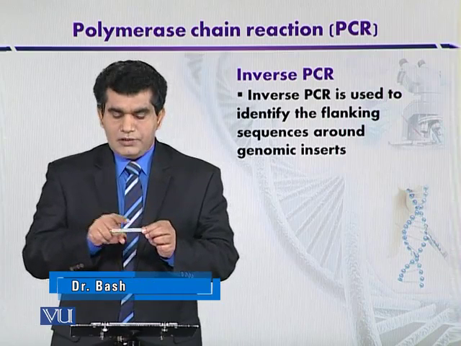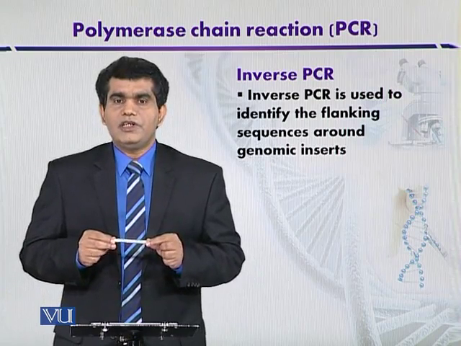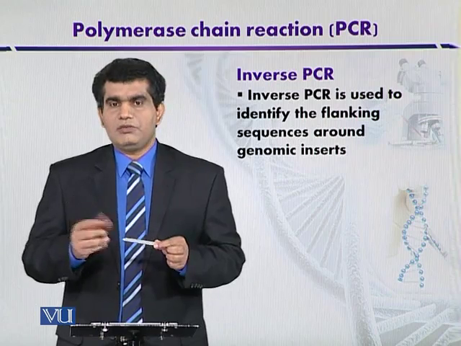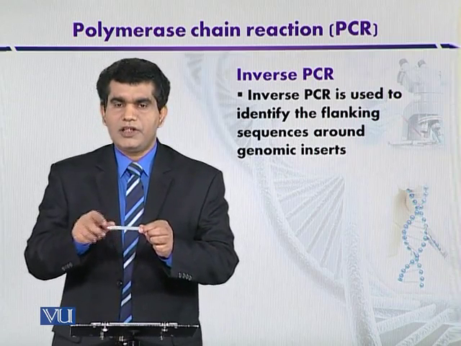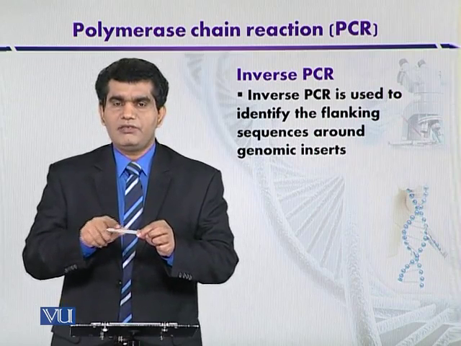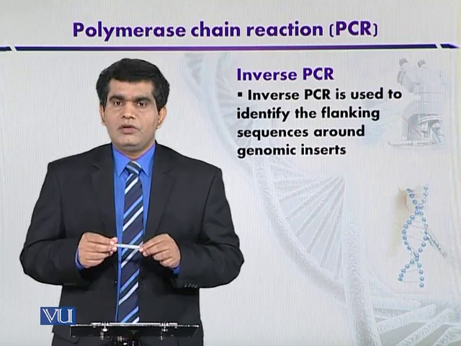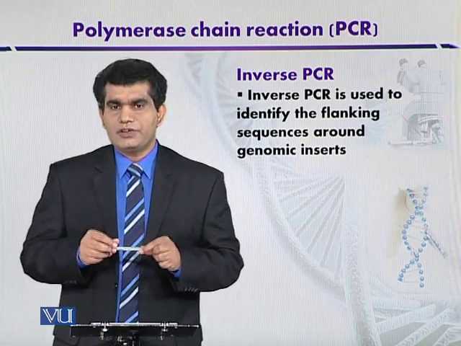And suppose here, within this center, the sequence of the region is known, but this may not be our sequence of interest. Our sequence of interest may be the flanking regions that are present right or left to the known sequence. Now how can we know the sequence, or how can we amplify this unknown region?